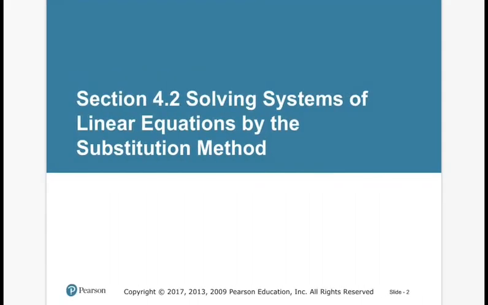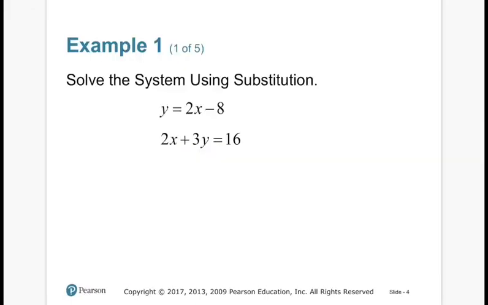Solving systems of linear equations by the substitution method. So, this is interesting because this right here has 2x plus 3y is equal to 16. But yet, we already know the value of y, which is 2x minus 8.